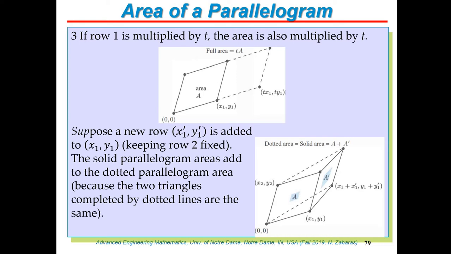if you look at the parallelogram that is being formed by adding to x1, y1, x1 prime and y1 prime, you literally get the area of this dotted parallelogram, and you can show that that area is the same as the sum of a and a prime. Geometrically, you can show it because the triangle that you see on the bottom here has the same area as the triangle that you see on the top.